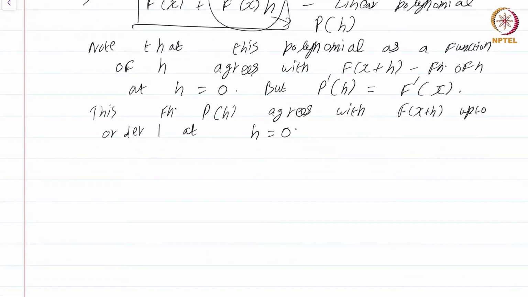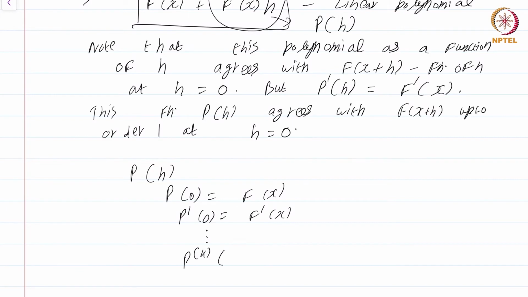What we want is a polynomial p of h with the property that p of 0 is f of x, p prime of 0 is f prime of x, dot dot dot, the kth derivative of p at 0 we want to be the kth derivative of f at x.